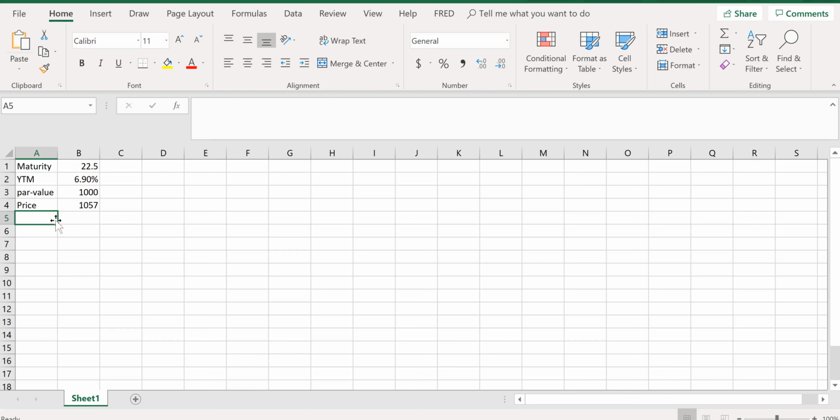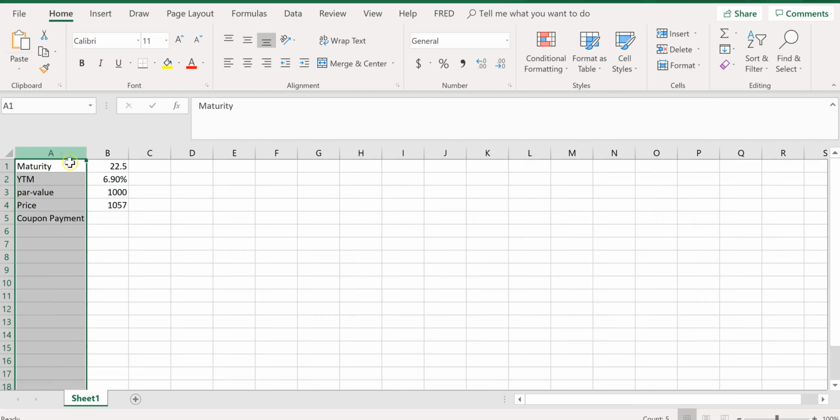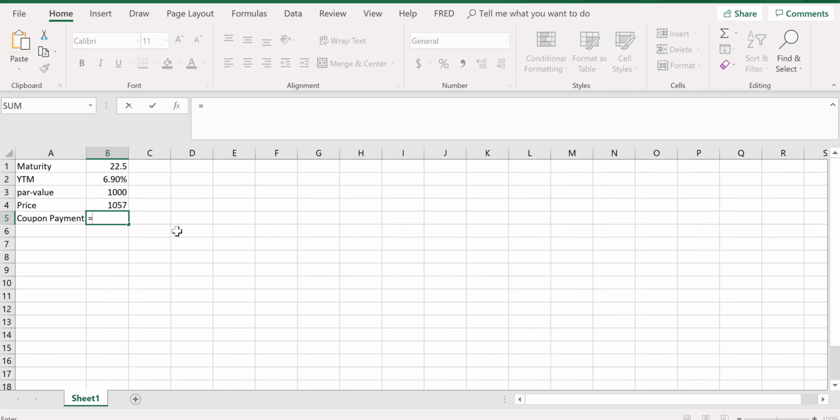So we can use the Excel function PMT. The PMT stands for the payment, that's the annuity payment.